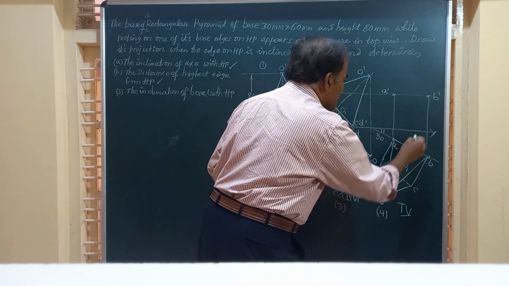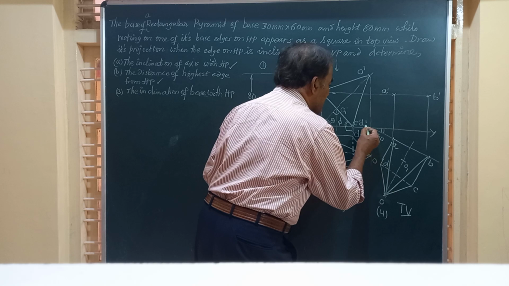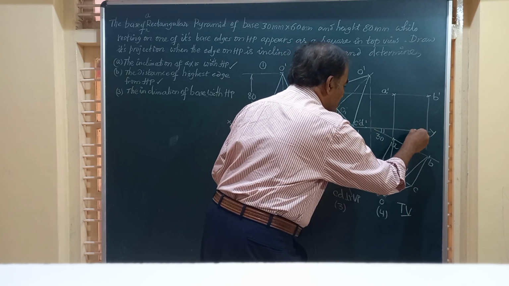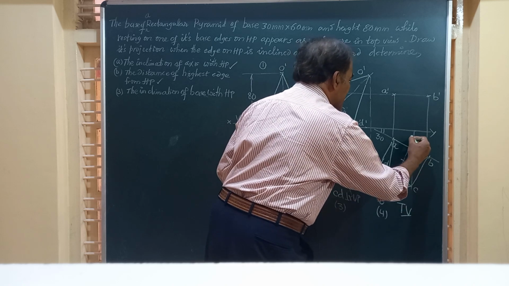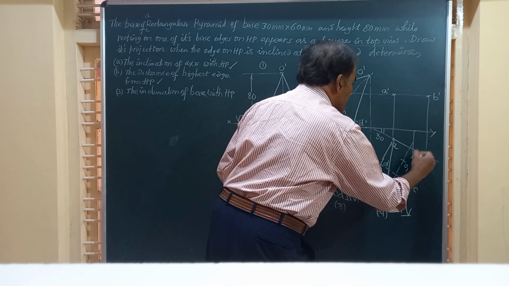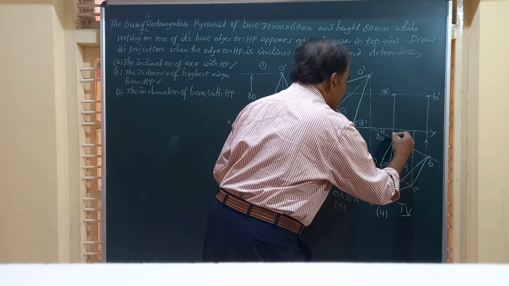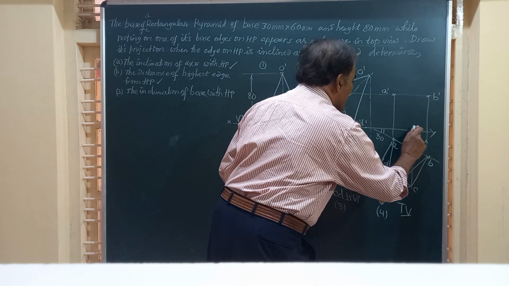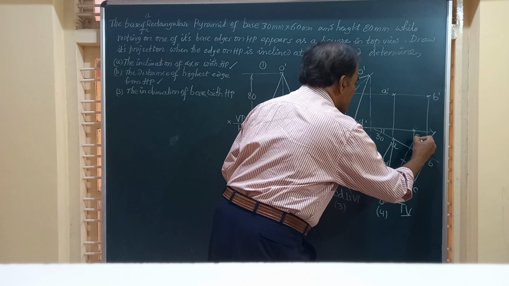Friends, C and D, they are on XY. So a vertical from C will give you this point C dash. Just mark below. This is C dash.